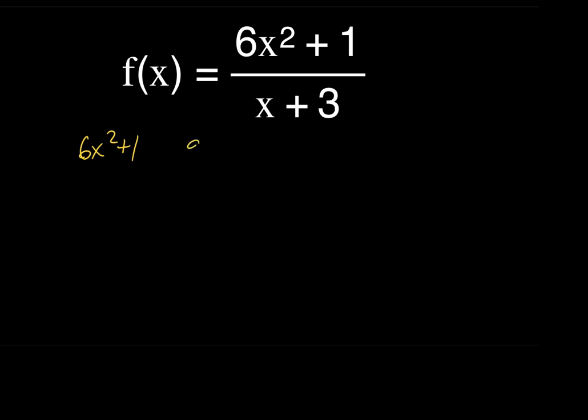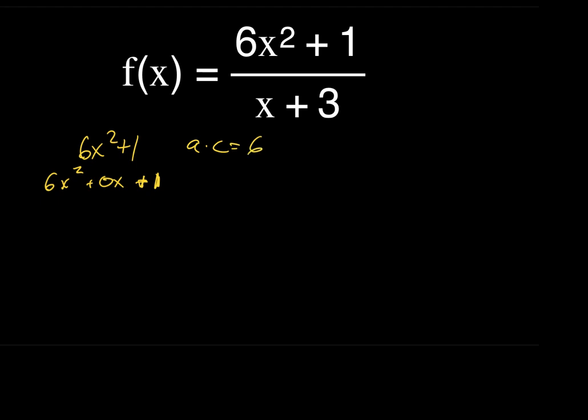And some of you might be looking at this and saying, but there's no middle term. There is a middle term. That's plus, and then there's a 1. The middle term, there was no x term, which means that's a 0. A times c is 6 times 1, and that's 6.